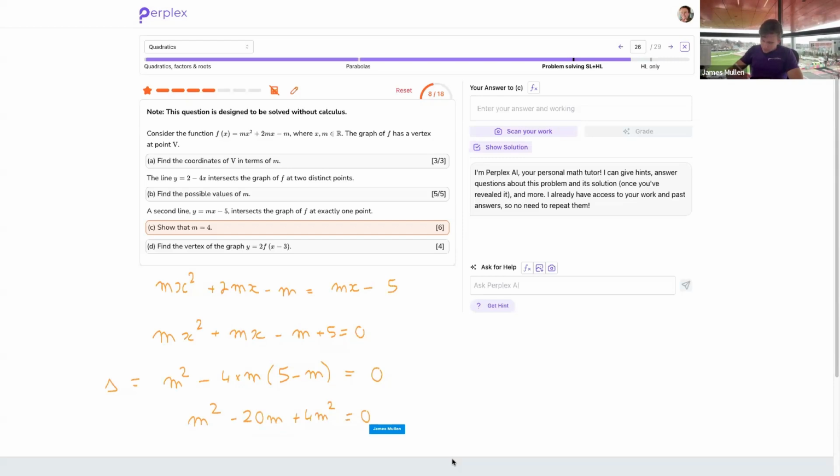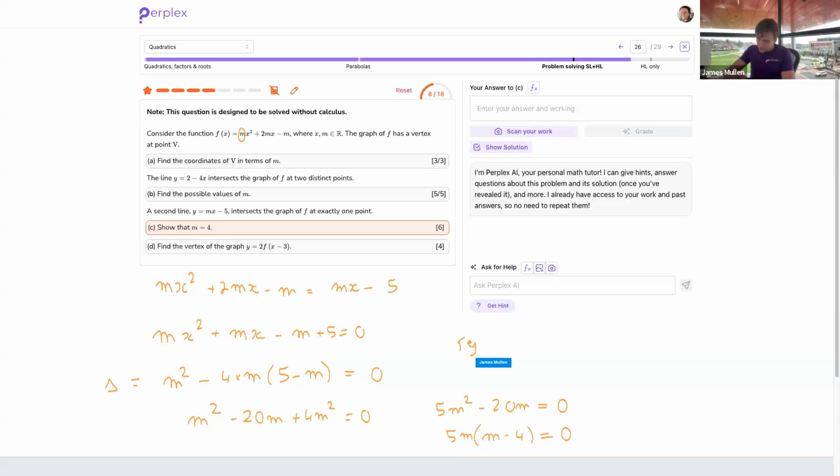So that means that 5m squared minus 20m is equal to 0, which means that if I factor out 5m, 5m times (m minus 4) is equal to 0. So either m is equal to 0 or m is equal to 4. In this case, I wouldn't have a quadratic if this m, the leading term, was equal to 0, so I must have m is equal to 4.